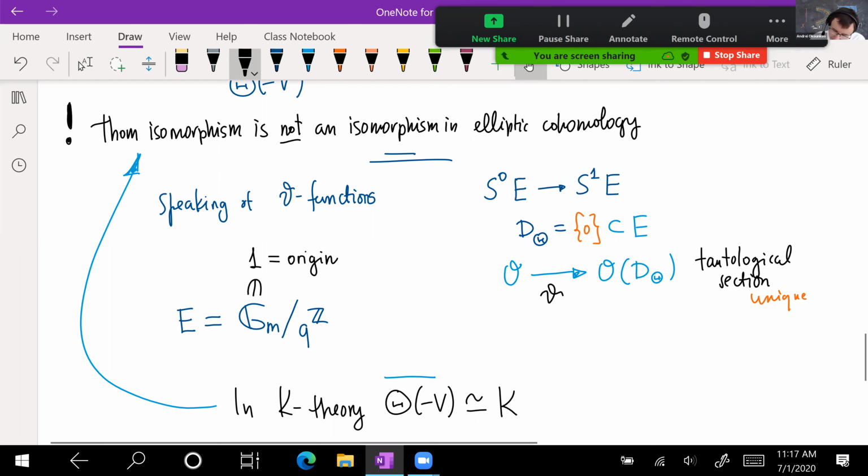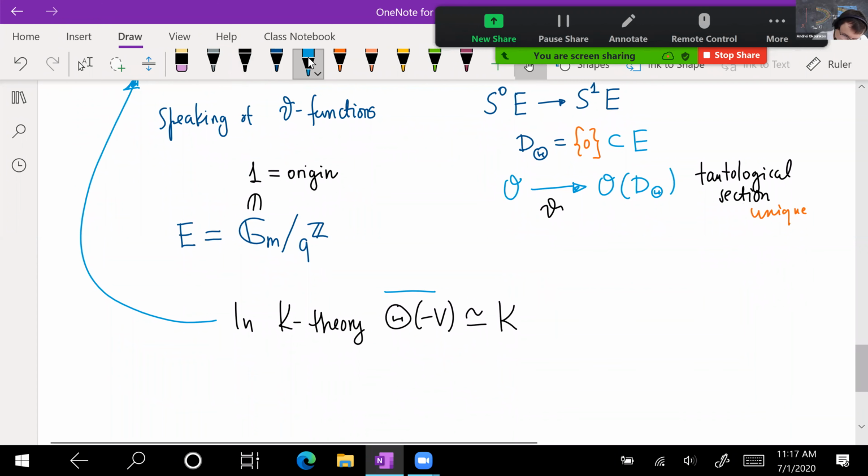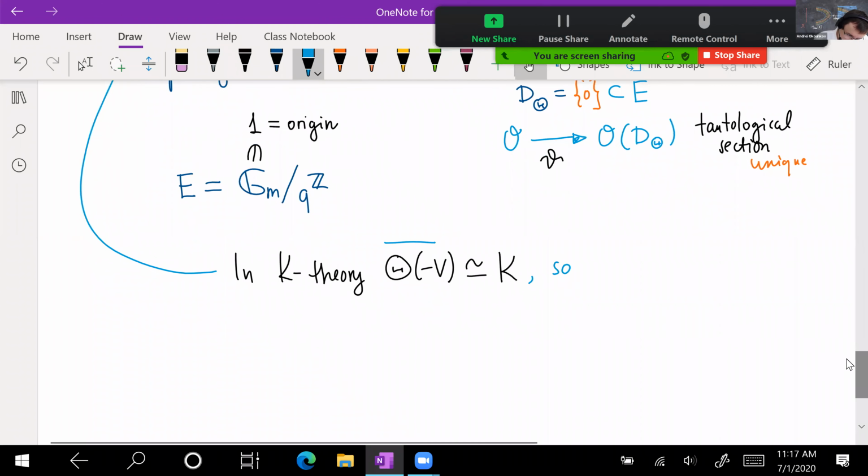So in K theory, the K theory Thom space, right? Because on the multiplicative group of a field, if you want a divisor, it's a trivial divisor. The Picard group of the multiplicative group of a field is trivial. So in K theory we have the Thom isomorphism.